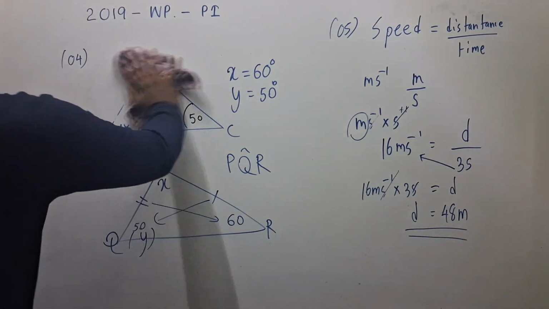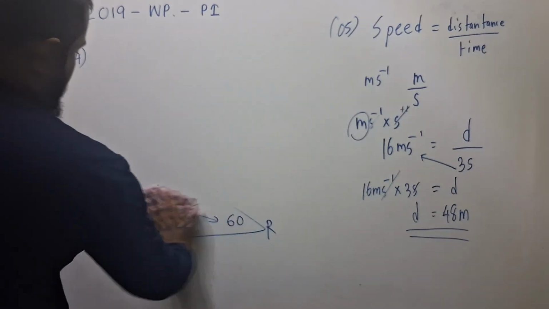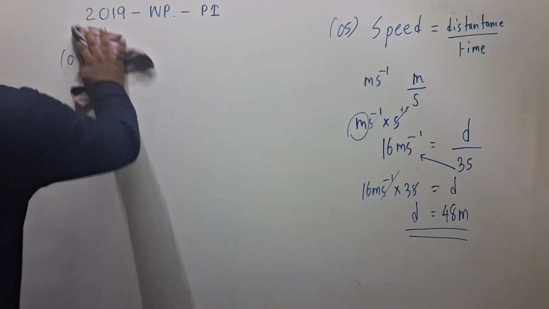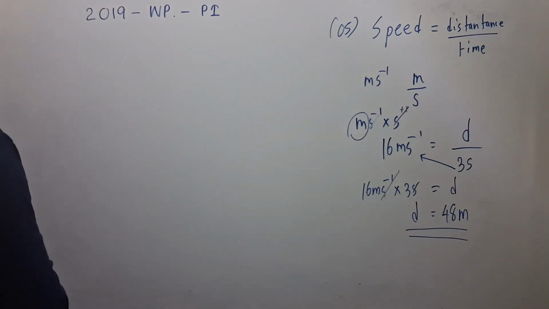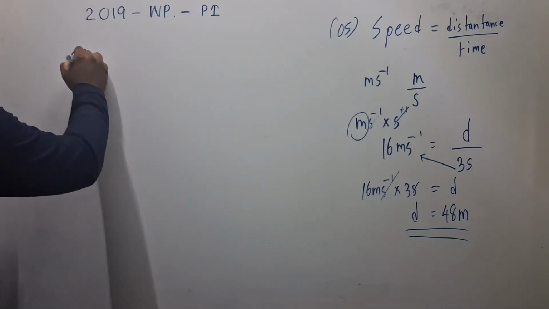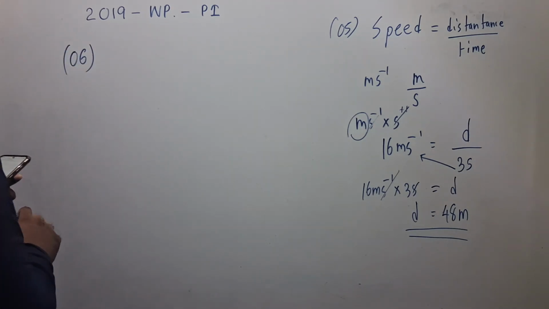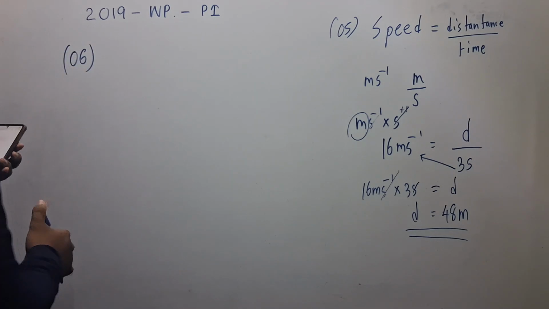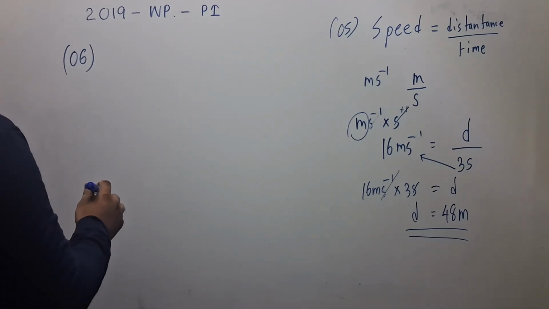Sixth question. Find the least common multiple of the expressions xy and 2x to the power 2.